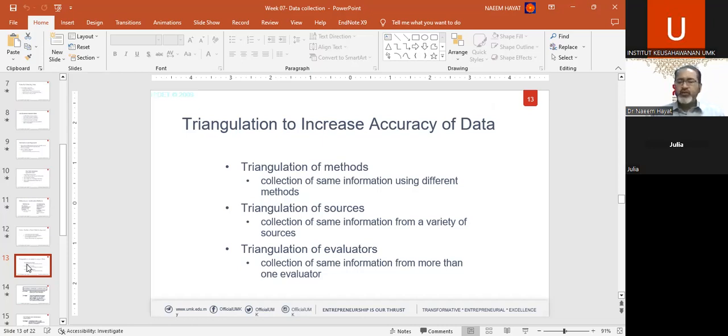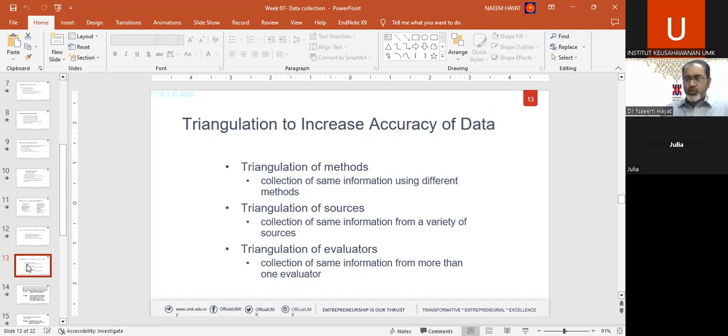Triangulation of sources: when one person is answering, that is a unisource, but with multiple sources, more than one source is utilized to collect the data. Normally we collect data from the consumer, but maybe we also get data from the seller, the shopkeeper, or the business houses selling a certain kind of item.